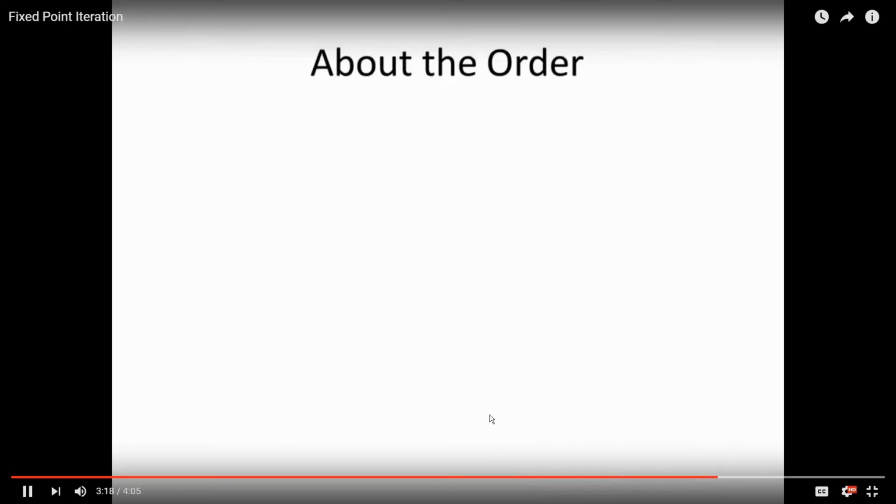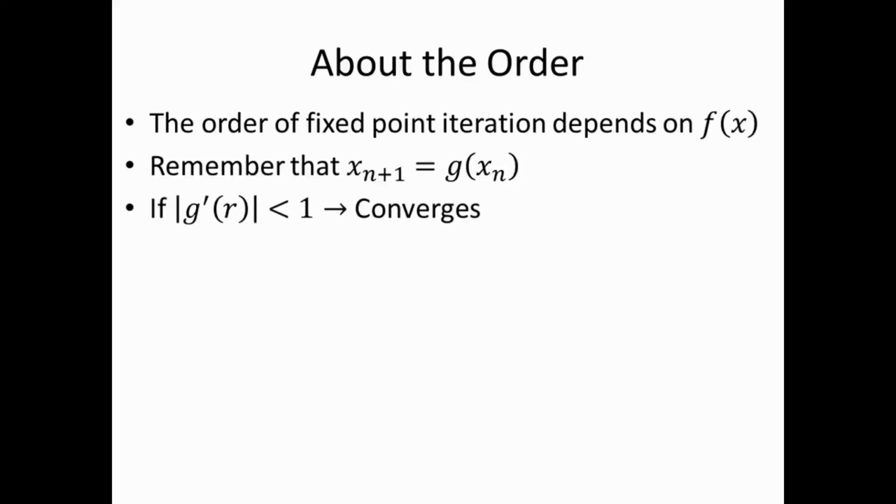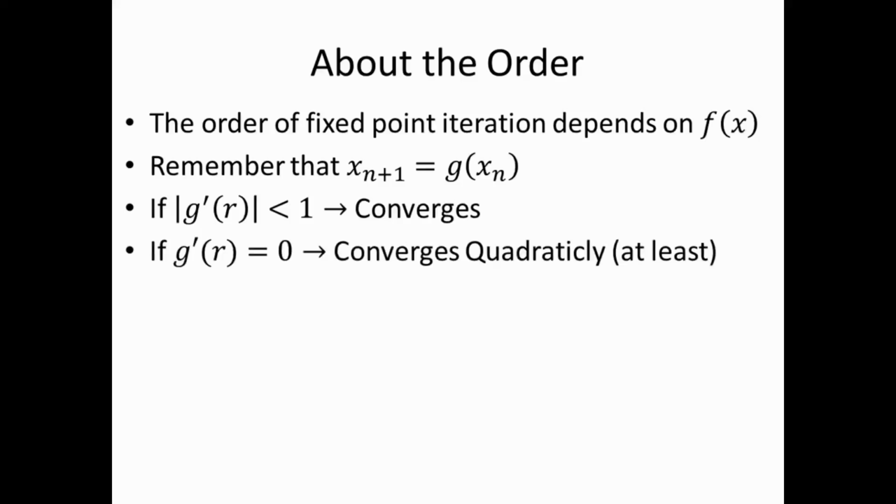Now, about the order of fixed point iteration, it really does depend on the function you start with. You remember that we said x of n plus 1 is equal to g of x, and that if g prime at the root is less than 1, it will converge. If g prime at the root is exactly equal to 0, however, the function converges quadratically, at least.